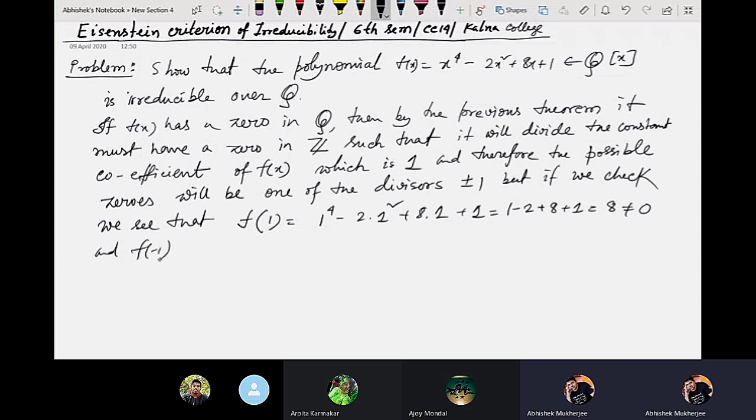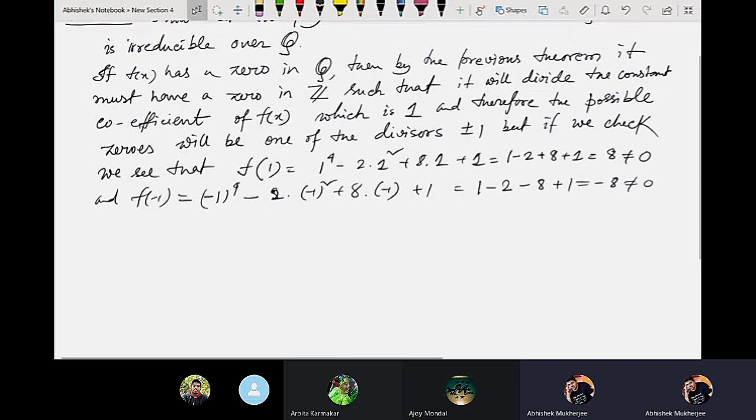And f of minus 1 equals minus 1 to the power 4 minus 2 times minus 1 square plus 8 times minus 1 plus 1. So that means 1 minus 2 minus 8 plus 1. So that is minus 8, which is again not equal to 0. And this leads to a contradiction.